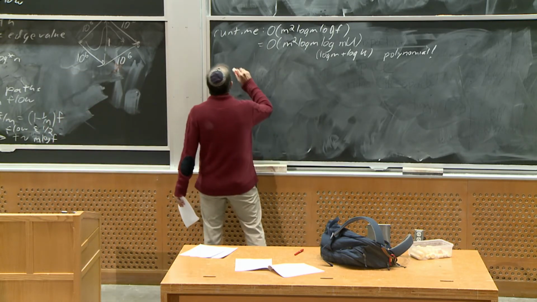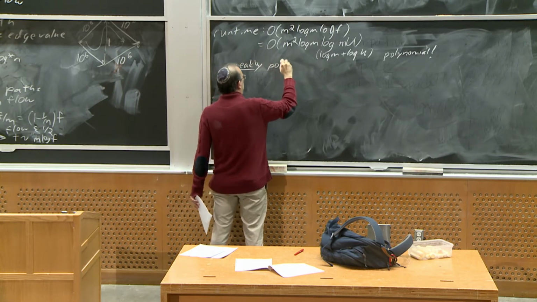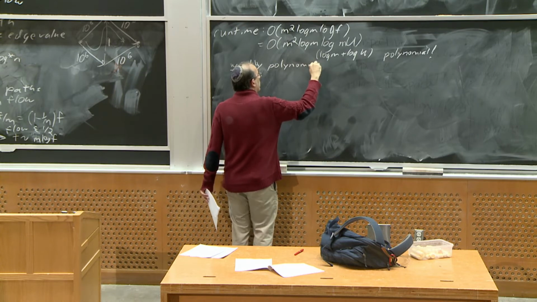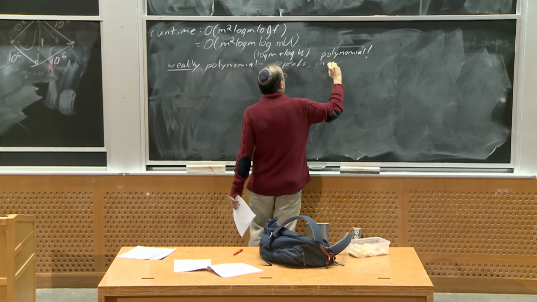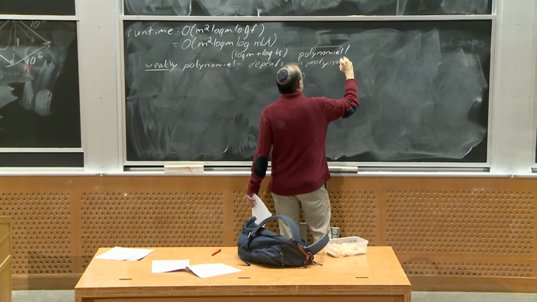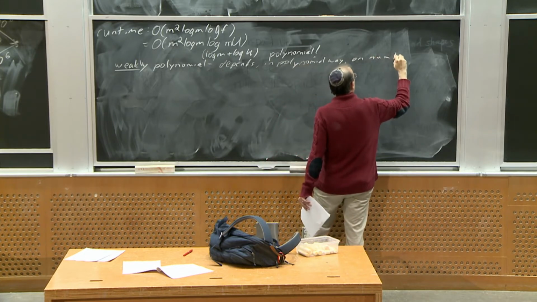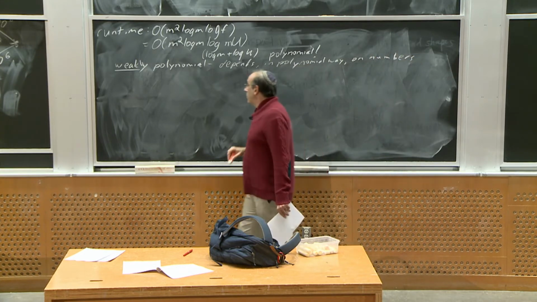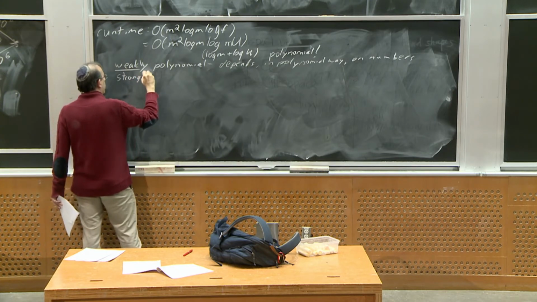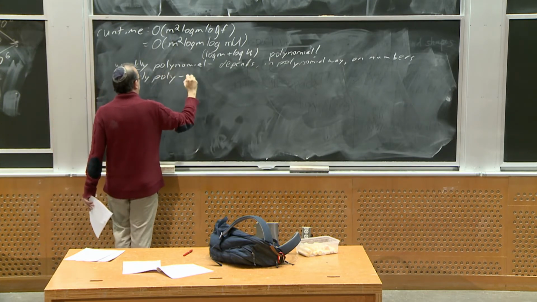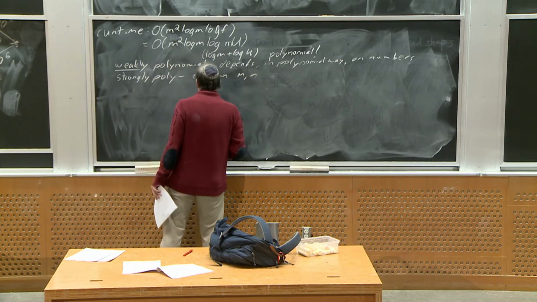So formally, this is known as a weakly polynomial algorithm. It still depends in a polynomial way on the numbers. And something we're going to work towards is a strongly polynomial algorithm, which depends only on m and n.